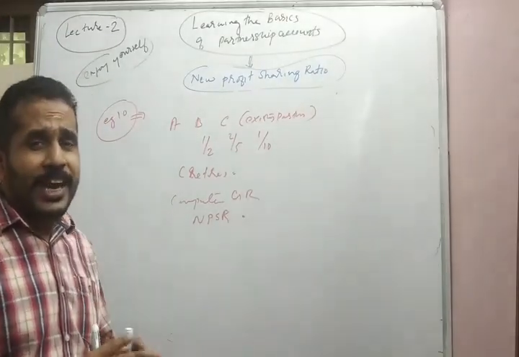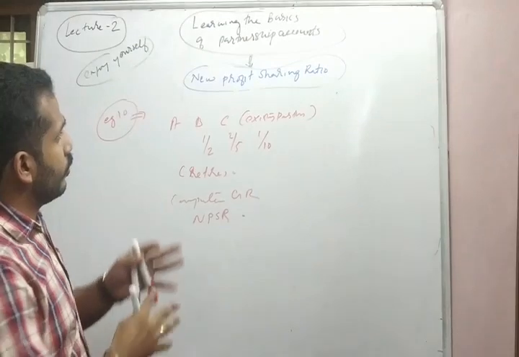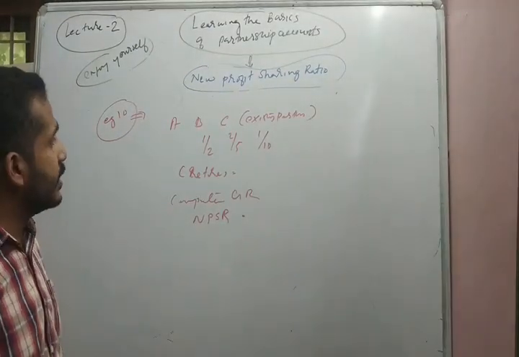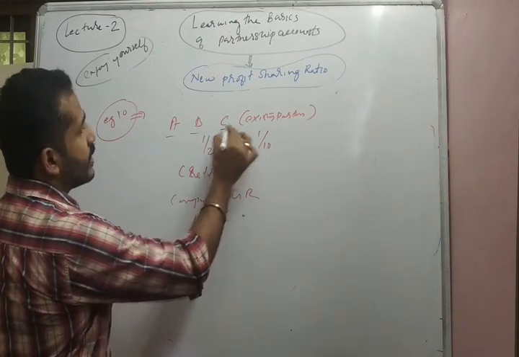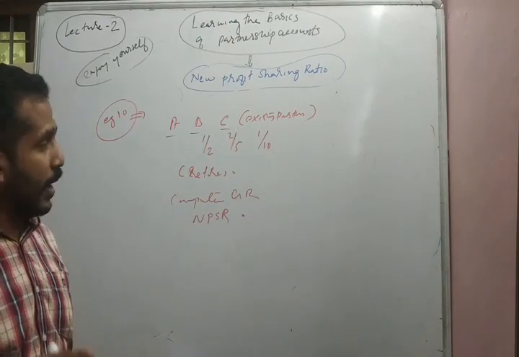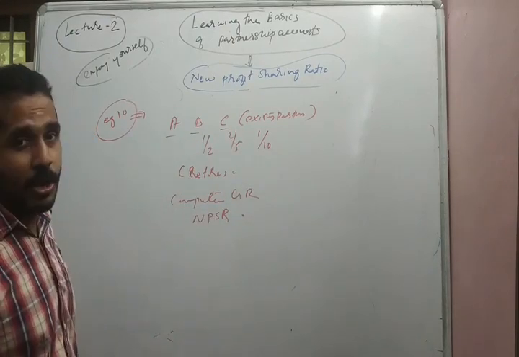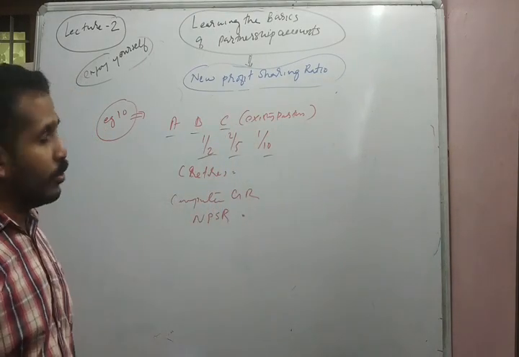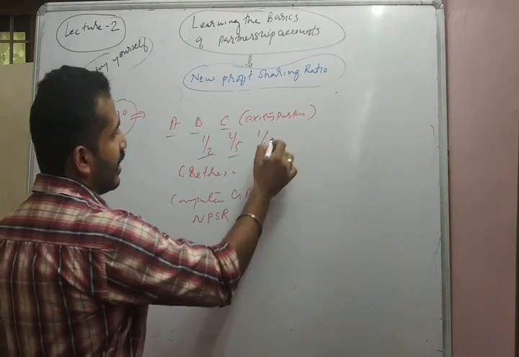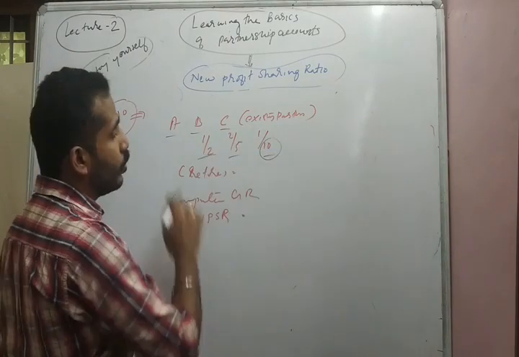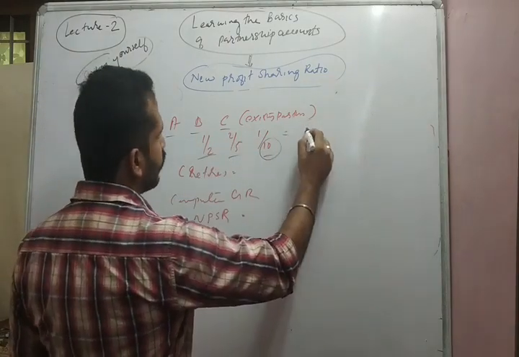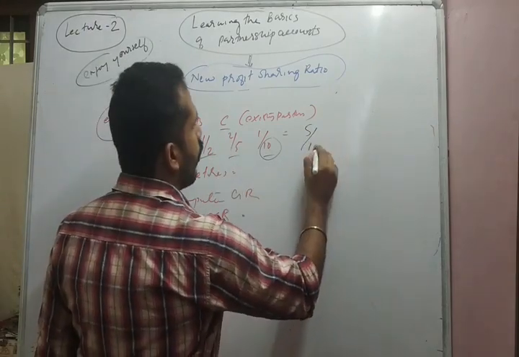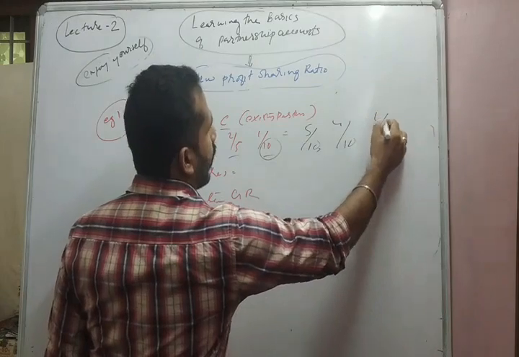Illustration 10 gives an entirely different picture with regard to the calculation of the new profit sharing ratio. Let us analyze the example. A, B, C are three partners in a partnership firm sharing profits and losses 1 by 2, 2 by 5, 1 by 10. To put it in a meaningful way, taking 10 as the base, 1 by 2 can be converted into 5 by 10, 2 by 5 can be converted into 4 by 10, then 1 by 10.